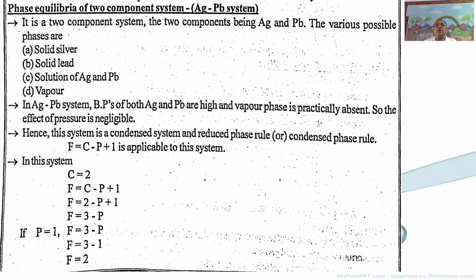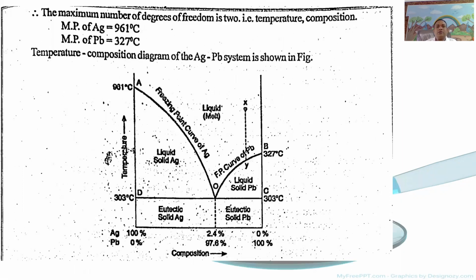To obtain the phase diagram of the silver lead system, plot the graph between temperature and composition. Temperature is taken on the y-axis and composition on the x-axis. The obtained diagram is called the phase diagram of the silver lead system. The maximum number of degrees of freedom is 2, that is temperature and composition.